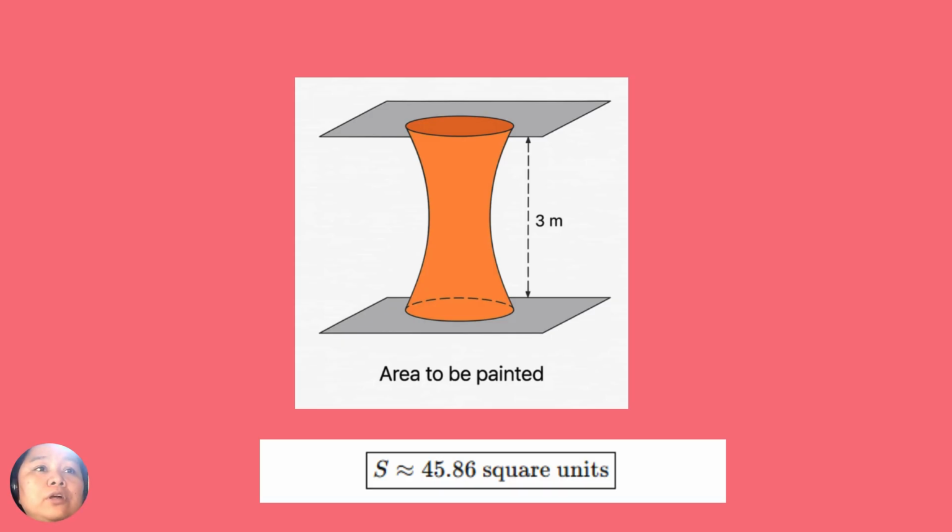Therefore, that is our answer. The area to be painted in our hyperboloid is 45.86 square meters, since it's dealing with meters. So that's all for my report about the area of surface of revolution. Thank you.